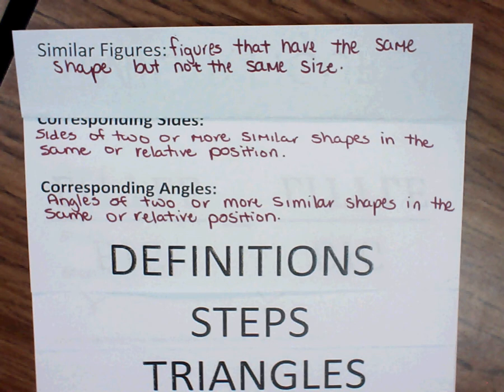So once we've identified that the shapes are similar, we need to find their corresponding sides and their corresponding angles.